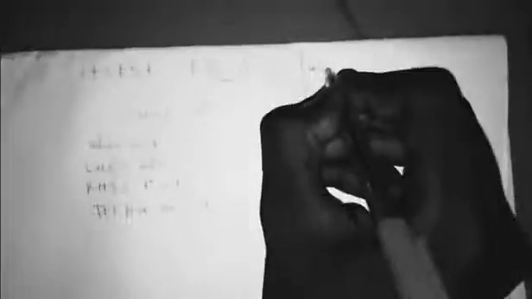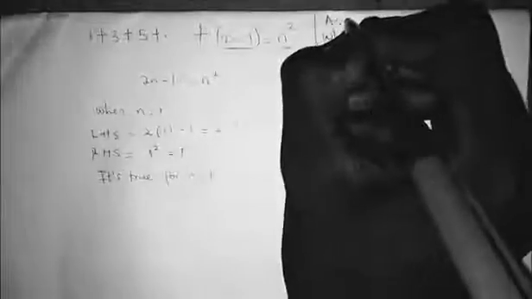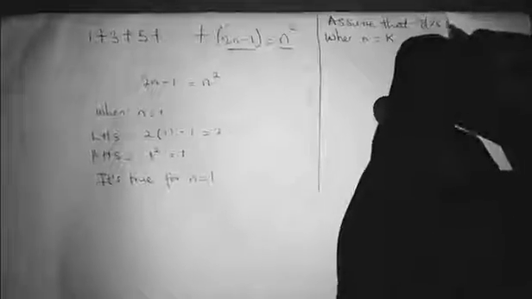So for n equals k, you assume, don't forget that's what they told us, you assume that it's true when n equals k.